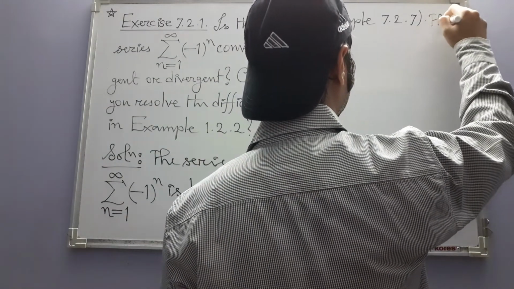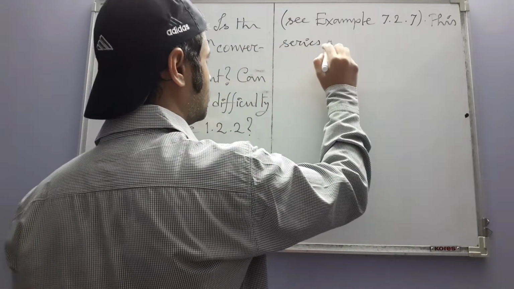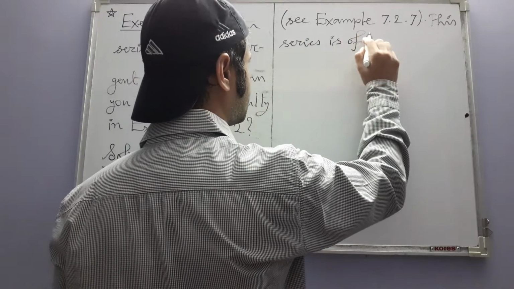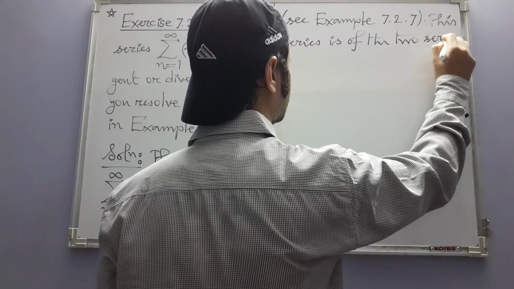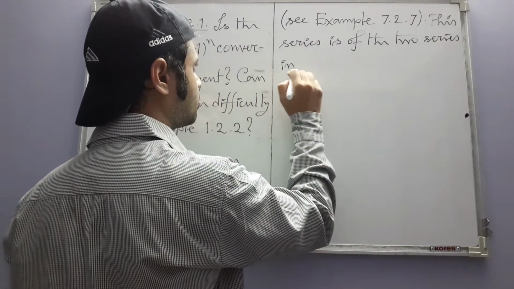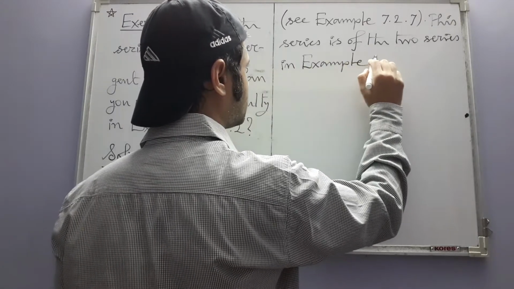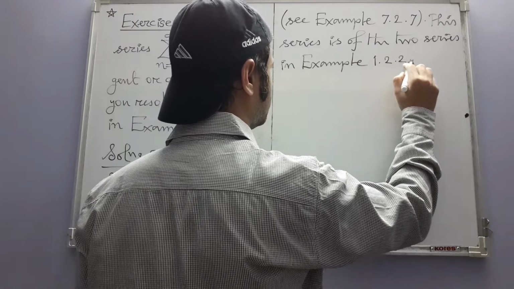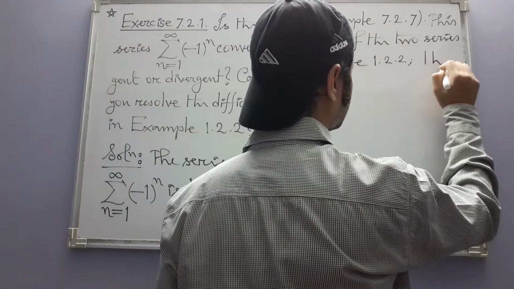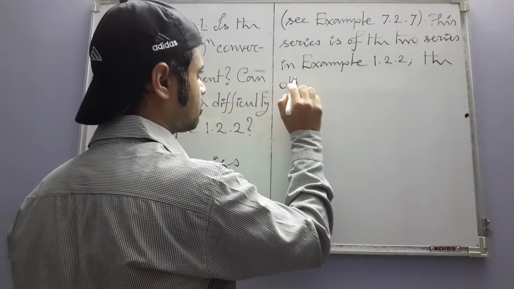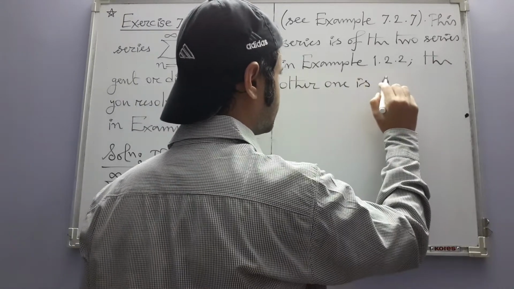So we write like this: this series is one of the two series in example 1, 2, 2. This series means this one. The other one is this.